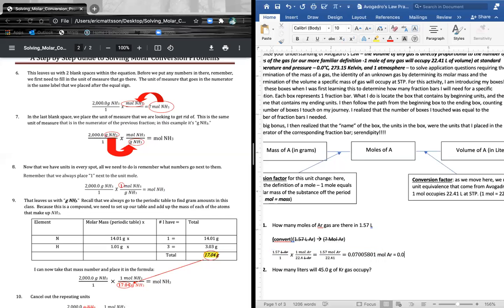So my correct answer for this would be 0.0701 moles of argon. So there we go. So if I had 1.57 liters of argon gas, the actual number of moles of gas that would be in that balloon or whatever the gas is in would be 0.0701 moles. All right, so there's one.